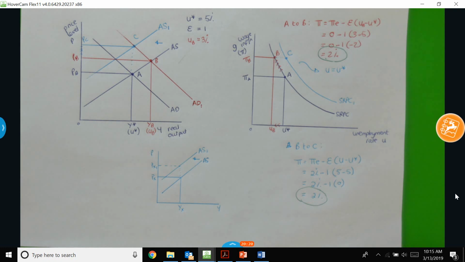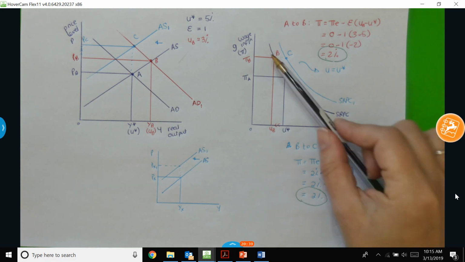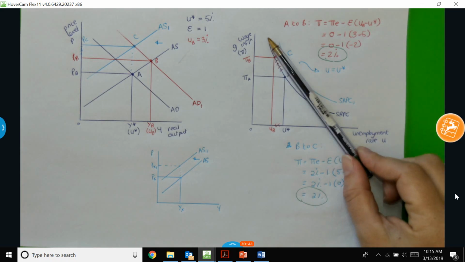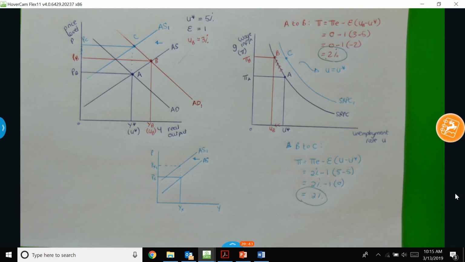Inflationary expectations means that we experience inflation in the economy and then we adapt and respond to that in terms of how we negotiate with employers for wage increases. And it is this adaptive expectations or inflationary expectations that can help us to explain shifts in the short-run Phillips curve that are observed in the data over an extended period of time.